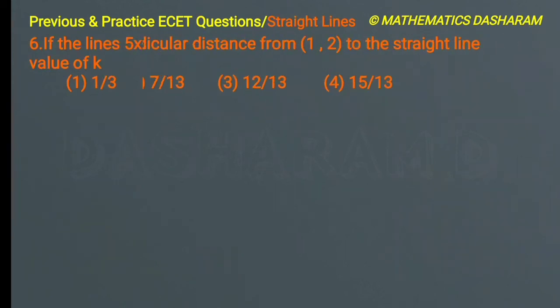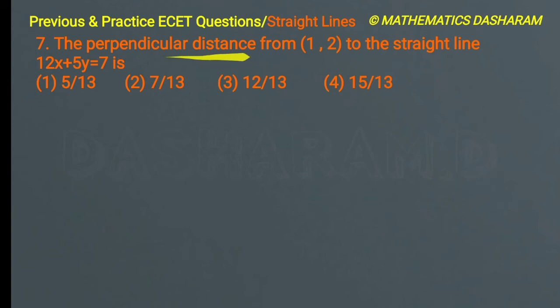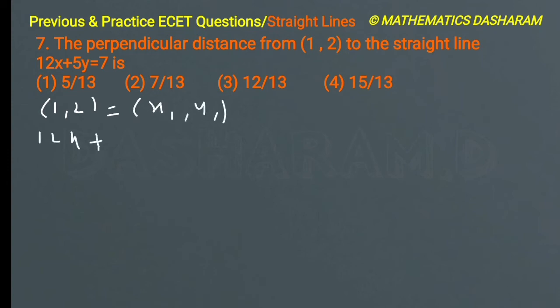Next, the seventh question: the perpendicular distance from (1, 2) to the straight line 12x + 5y = 7. The given point is (1, 2), so compare with (x1, y1), and the given line is 12x + 5y = 7.